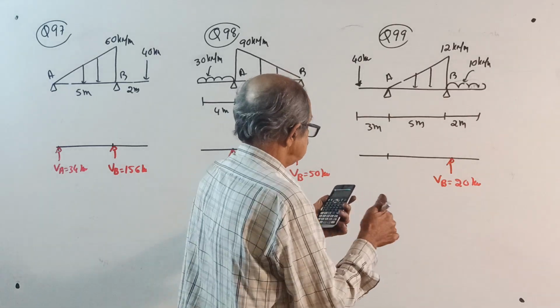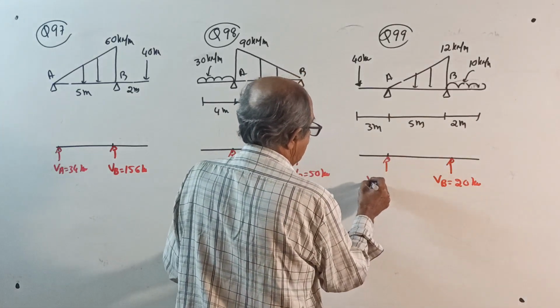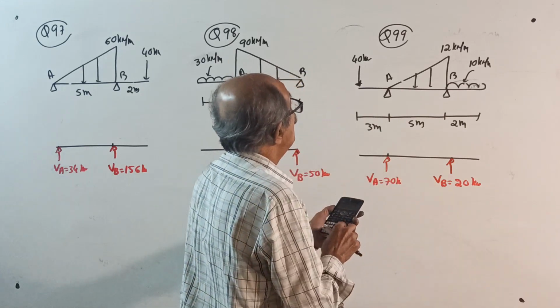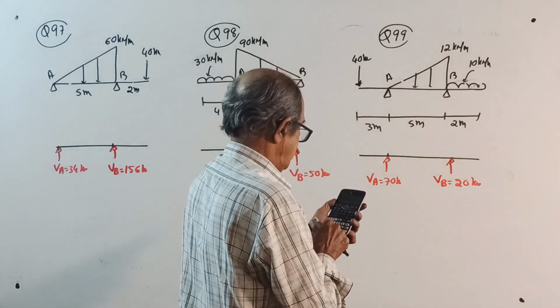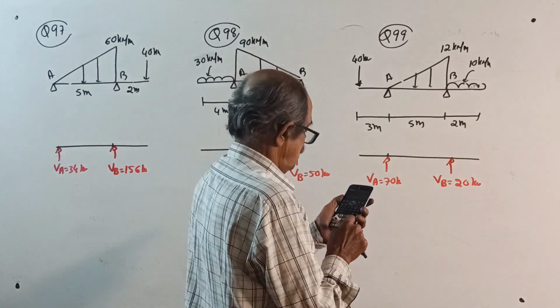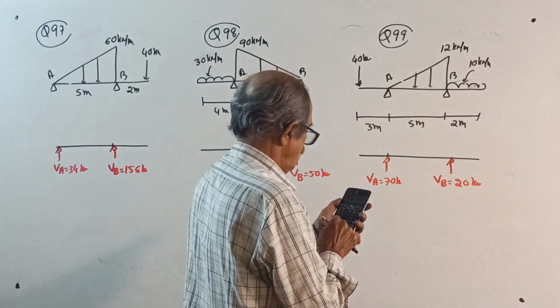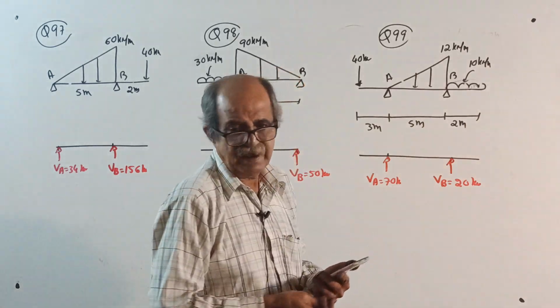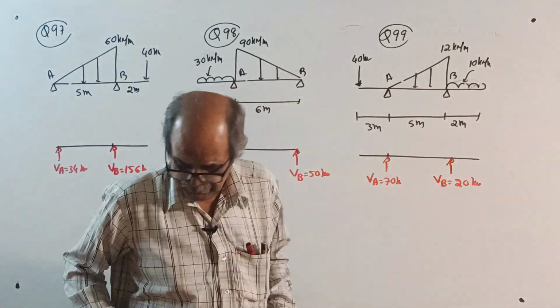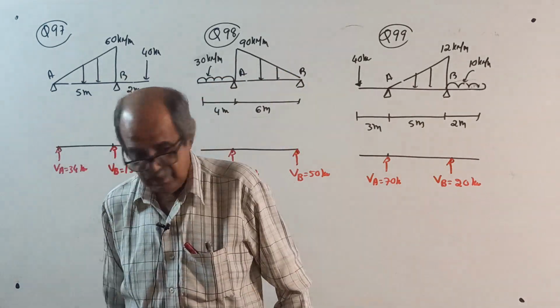Subtract 20. 70 kilonewton VA. Now check the answer. 30 into 5 by 3 plus 40 into 5 plus 3, 8 minus 20 divided by 5. 70. Perfectly correct. See, once the reaction is confirmed, there is no chance of any mistake then.